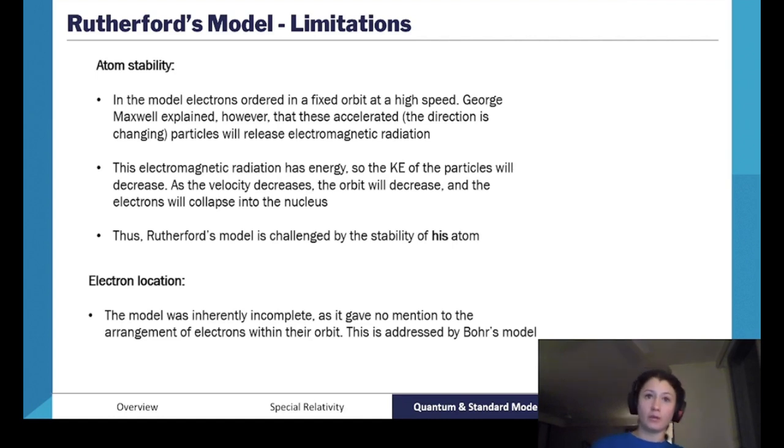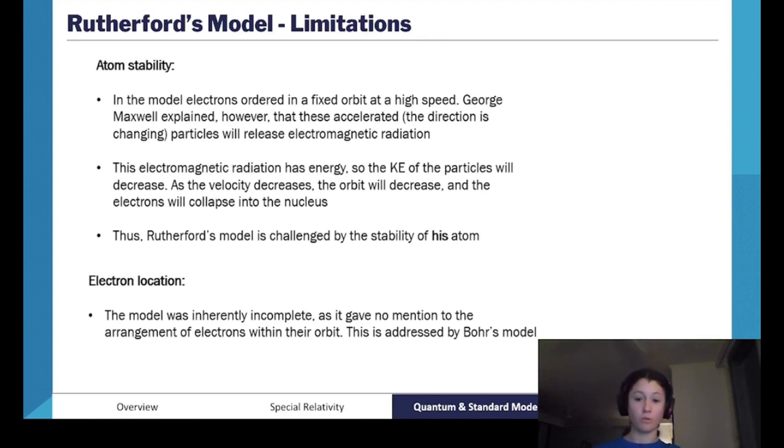Another thing that we'll get into with Rutherford's model and its limitations is the emission and absorption spectra as well. Because Rutherford didn't specify where the electrons were, when electrons were losing or gaining energy, it predicted that electrons could lose or gain any amount of energy at all, because they could be anywhere within the atom.